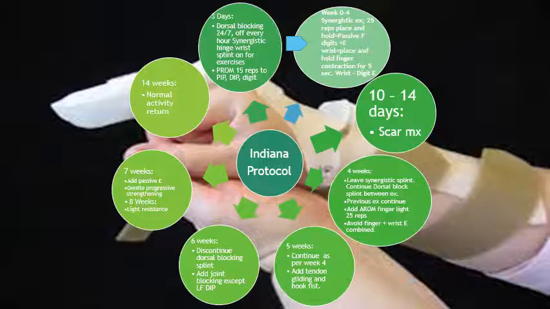At 7 weeks, add passive extension, and here gentle progressive strengthening can be started. Week 8, light resistance. From 14 weeks, normal activity can be returned to.